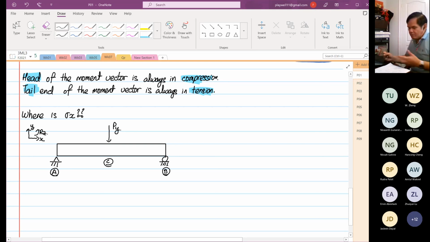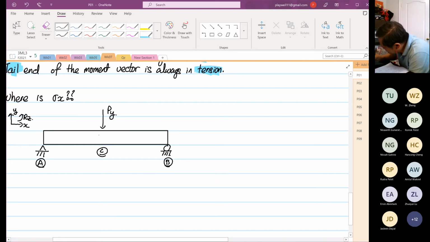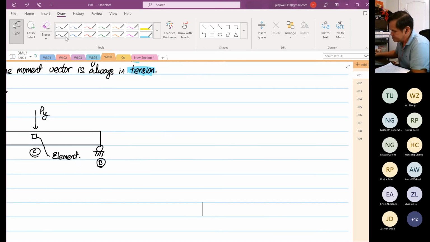Now I'm going to take an element. An element is a section of interest. So this is known as our element now. I'm going to sketch this element.